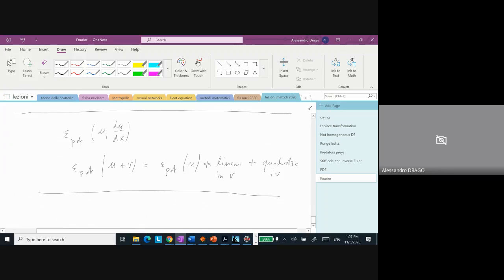You have seen this when you were studying classical mechanics, for instance, and therefore the minimization of the energy, or to find the stationary point of your action, you were systematically introducing those variational derivatives.